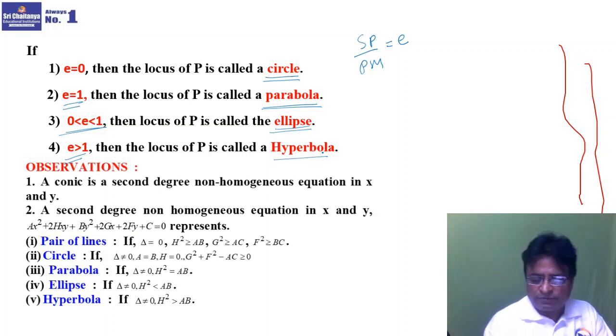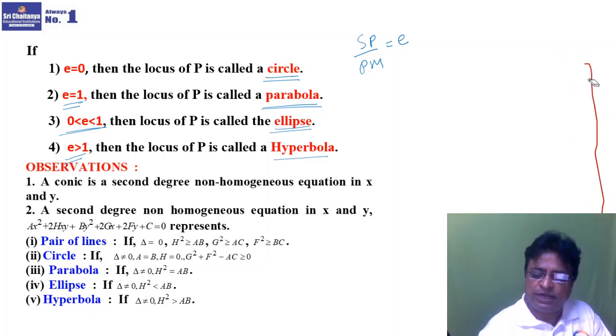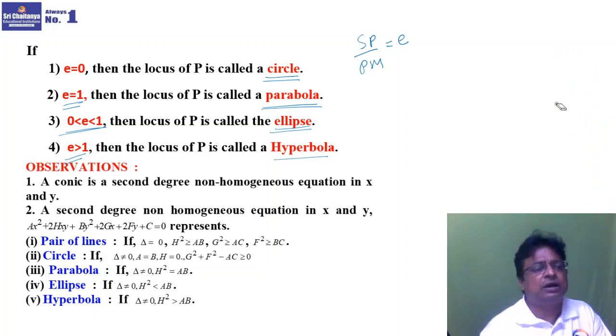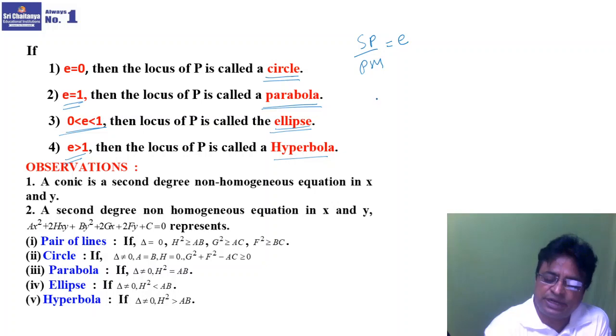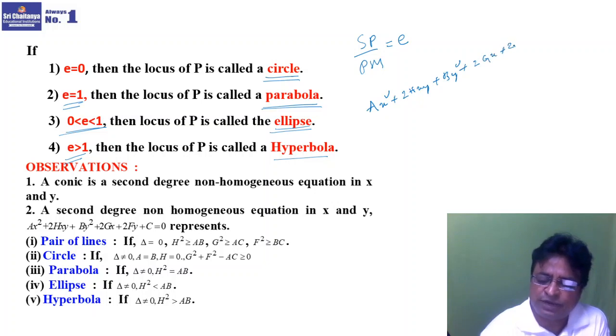Moreover, in two-dimensional geometry, any second degree non-homogeneous equation in x and y, you might have known it, is ax square plus 2hxy plus by square plus 2gx plus 2fy plus c equal to 0.